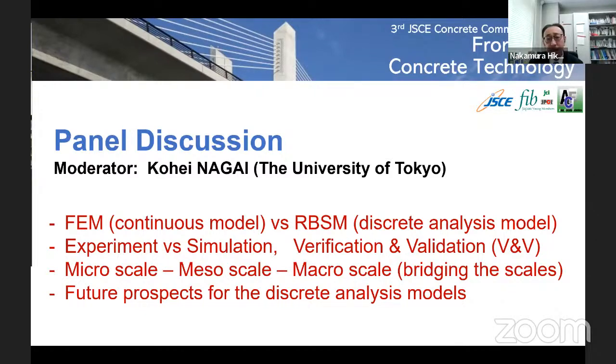My impression is that the simulation of the fracture failure at the beam level and the shear failure at the beam level is good enough. In laboratory cases, we first design the beams based on the RBSM numerical result. We simulate the result before the test, and after the test I compare with that.